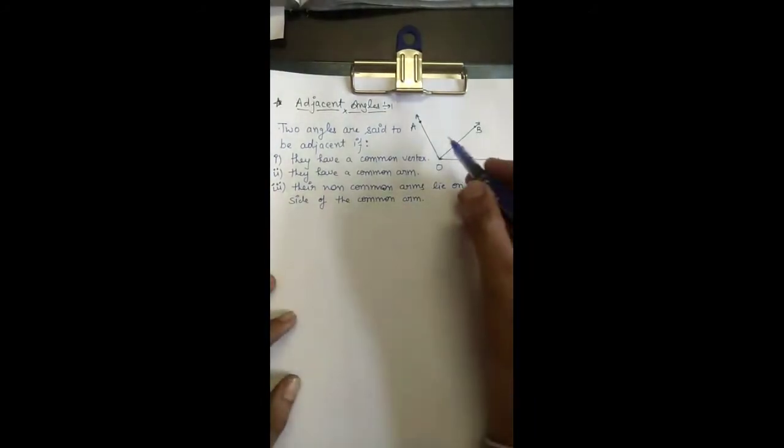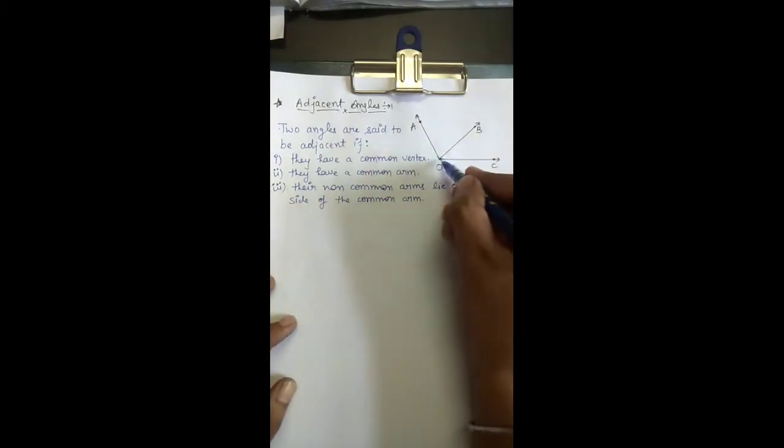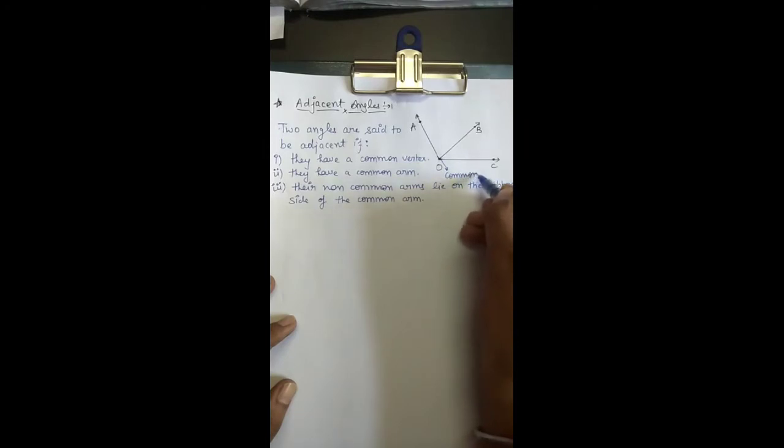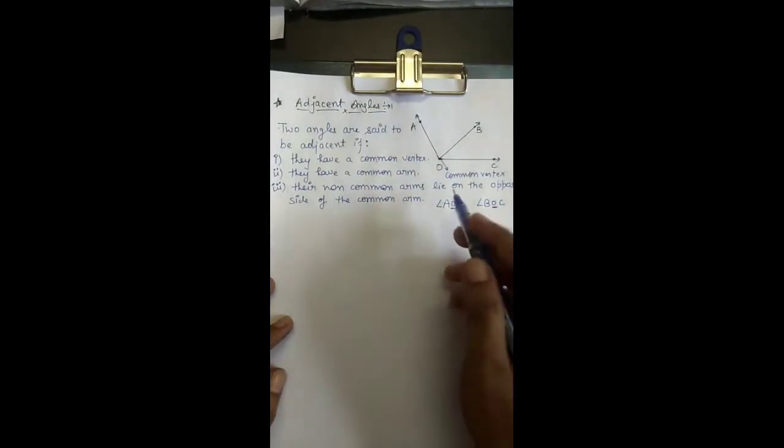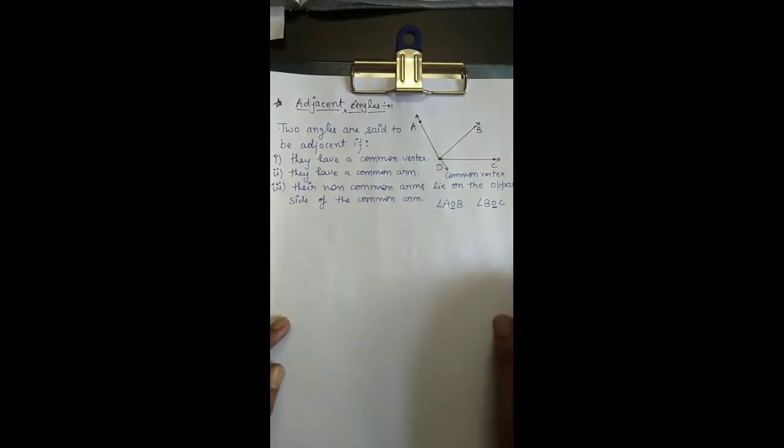Now you can see we are having two angles, AOB and BOC, which share a common vertex, that is O. This is the common vertex. If you write their names, AOB and BOC, you can see there is a common vertex, O, and they also have the common arm, which is OB.